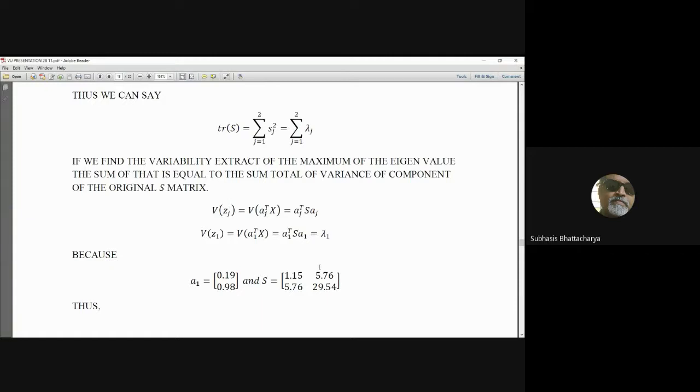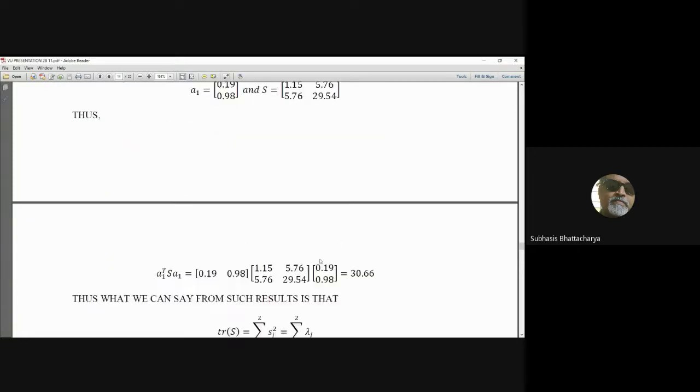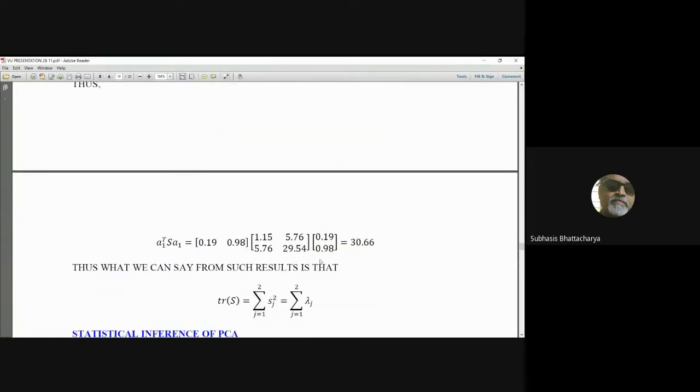Then A1 transpose S A1: the first is the transpose, 0.19, 0.98 in row form, then the variance covariance matrix S, then the column vector, and if you multiply, the result gives you the first value of lambda, that is 30.66.